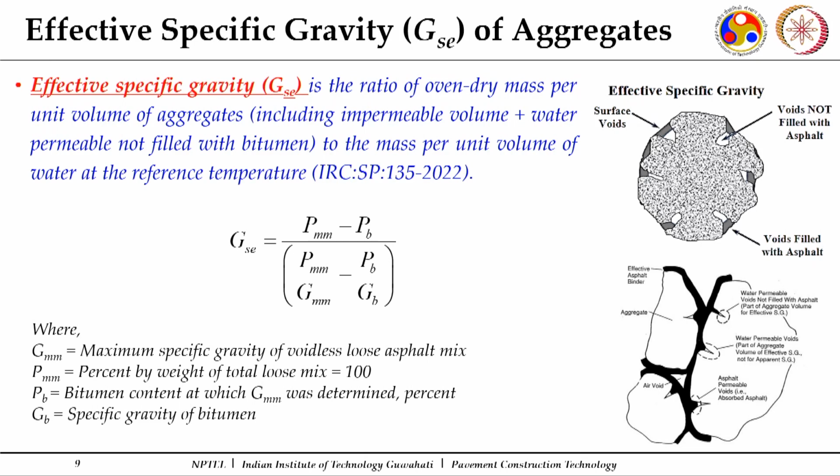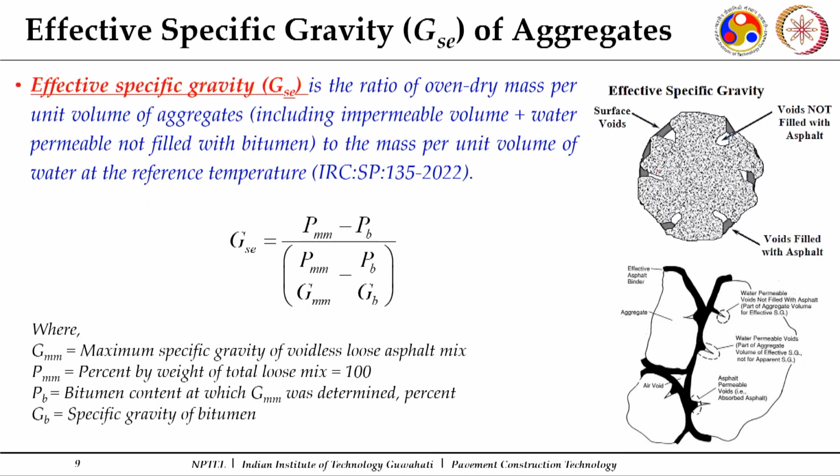But when I will be preparing a bituminous mix, there will be no water, there will be an aggregate and binder. So can the bitumen get absorbed in the similar quantity as water is getting absorbed? It may or it may not be, but in general I will feel that the binder may not go up to the same depth or may not get filled to the same level to which water will go. So some of the surface voids, if a bitumen is added with the aggregates, may remain unfilled.